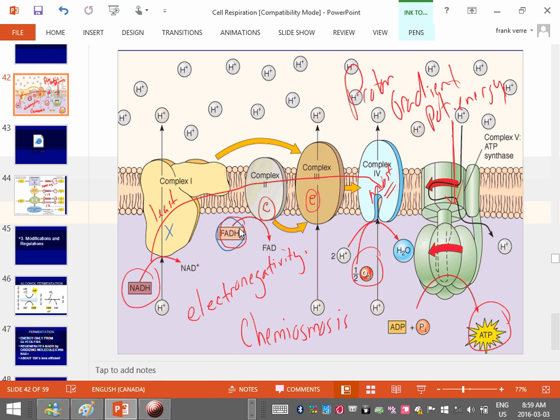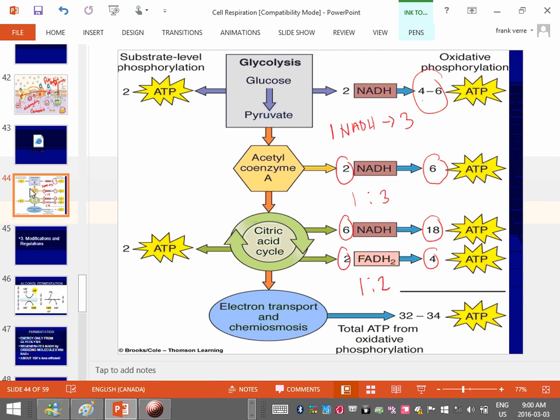So the electrons from FADH2 only activate 1, 2 pumps, whereas the electrons from NADH activate 1, 2, 3 pumps. Which means more energy. So the reason for the difference is that the electrons from NADH activate more pumps because they get dropped off earlier on.